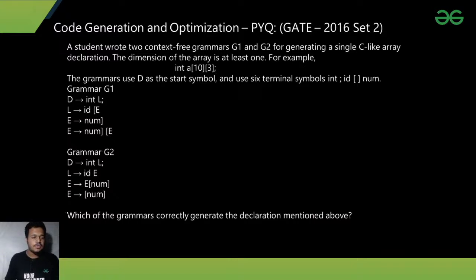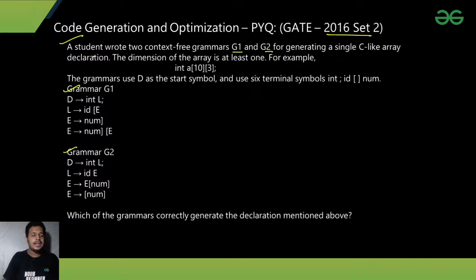So this is a question from GATE 2016, set 2. It says a student wrote two context free grammars G1 and G2 for generating a single C-like array declaration.